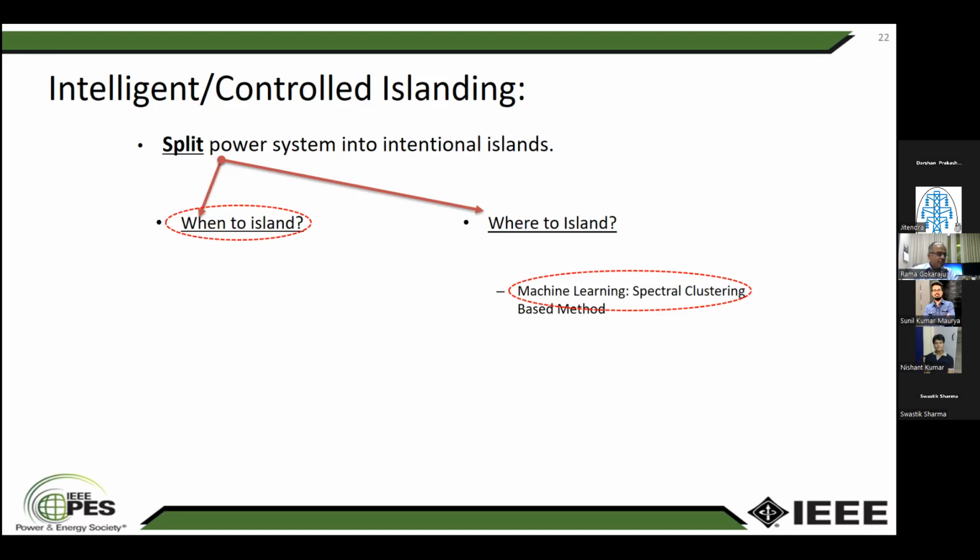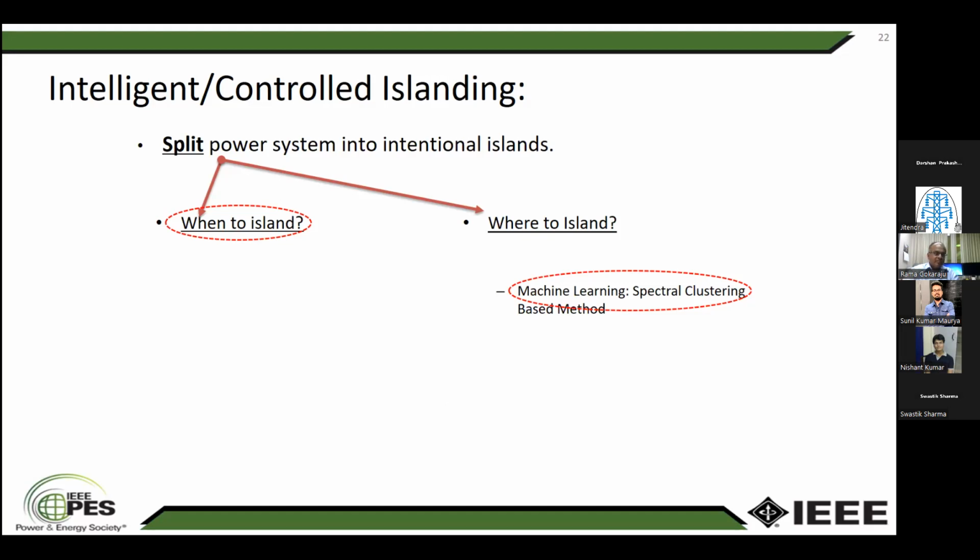Then in terms of the actual implementation or in a realistic way, we started thinking, do we need to do everything as a wide area measurement based scheme, or can we do it in conjunction with some of the relay operations that would happen on the system as a local protection.